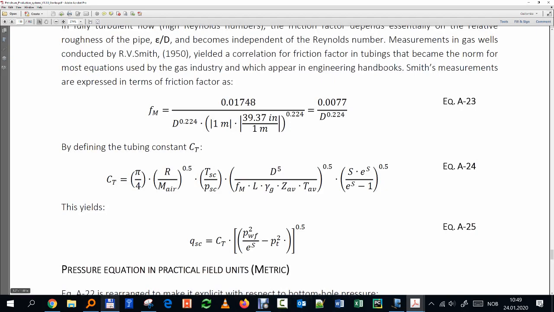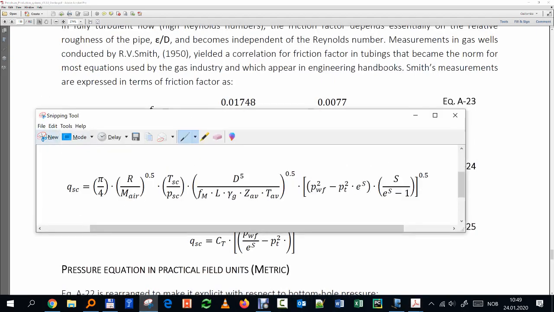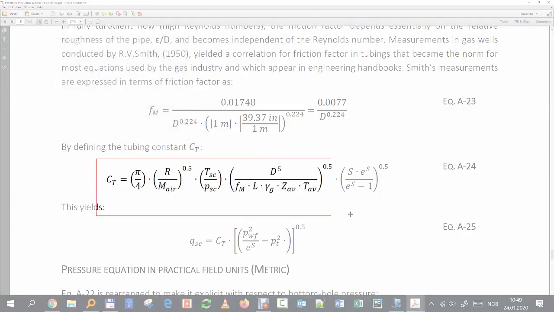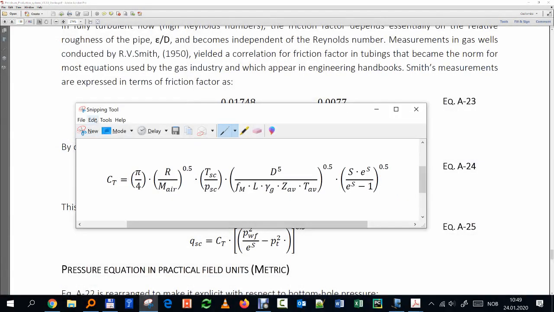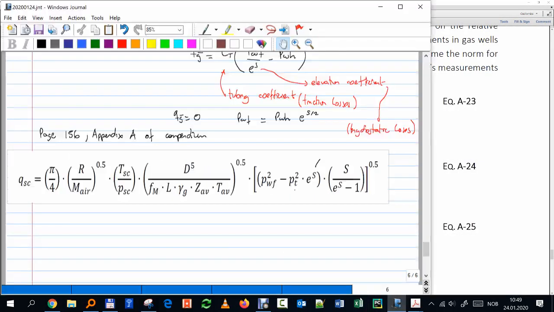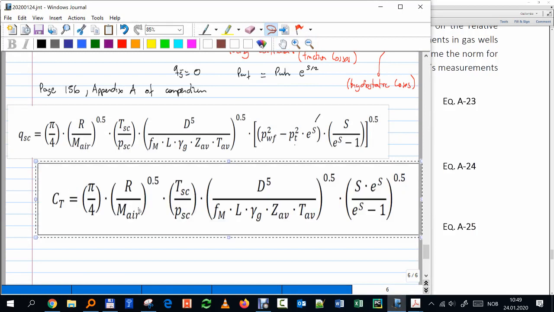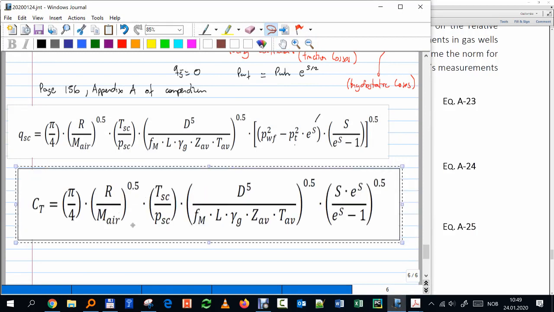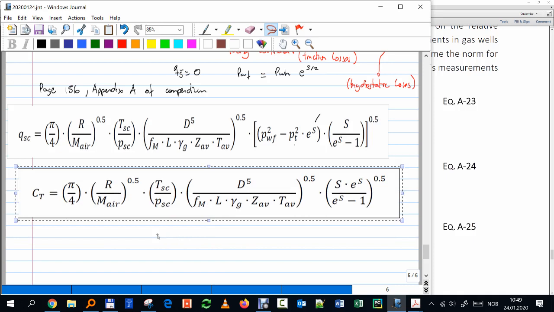So if you make that approximation, all of that is part of CT. And you see here you have the friction factor, so that's why I said it's the friction dominating part.